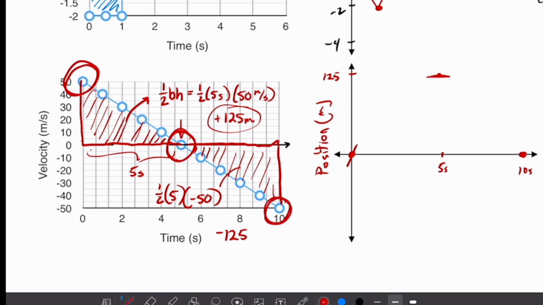And this is the slope at 10 seconds. It's negative 50. How would you connect these together? It wouldn't be a straight line because it's always changing. So yeah, it's probably something parabolic maybe. All right, we'll talk about this tomorrow, obviously.